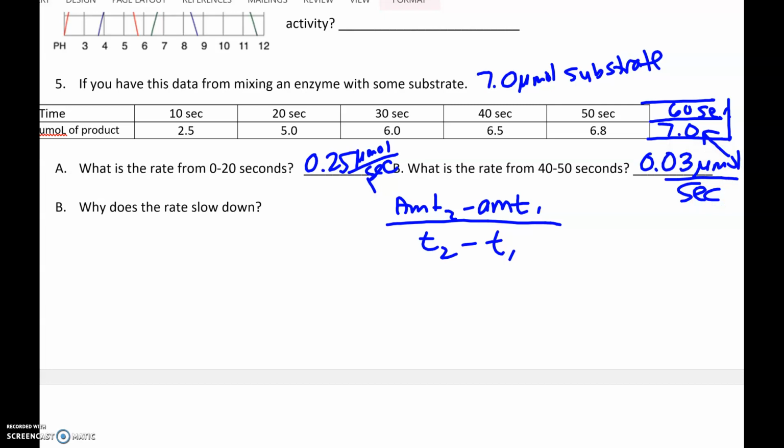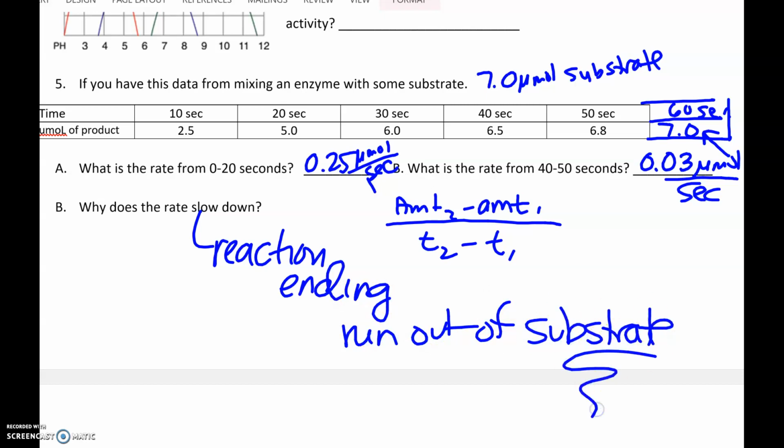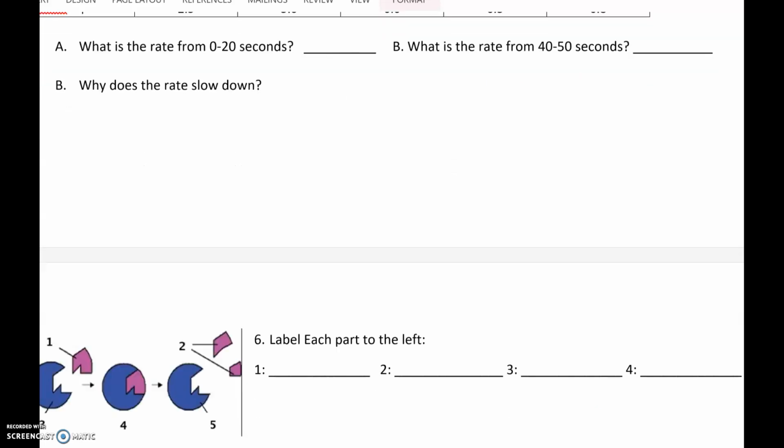The reason it slows down is, again, because this reaction is ending. It's reaching equilibrium. You're basically running out of substrate. Everything's been converted to product, so there's not going to be anything for the enzyme to do. So the enzymes are not shut down, there's not an inhibitor, and they're definitely not saturated. So make sure you know that.